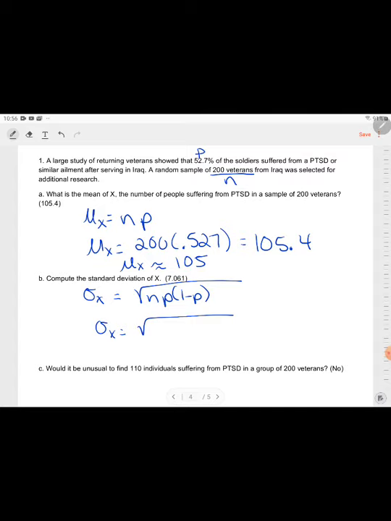So that is the square root of 200 times 0.527 times 1 minus 0.527. So sigma x is equal to 7.061. Again, you're going to do that math on the calculator. You can do it all in one step if you'd like. We are rounding here to 3 decimal places.